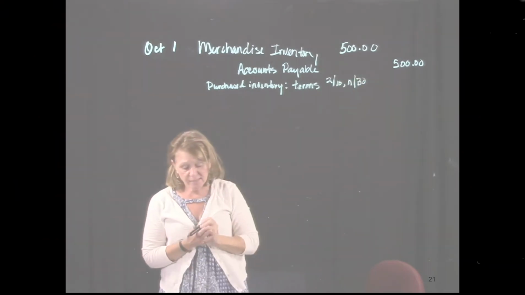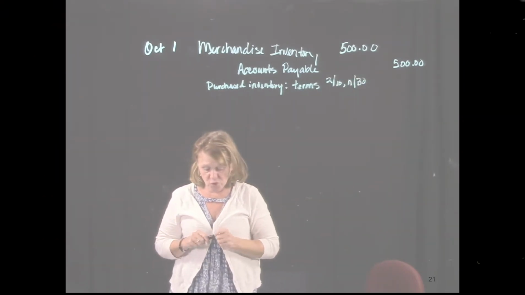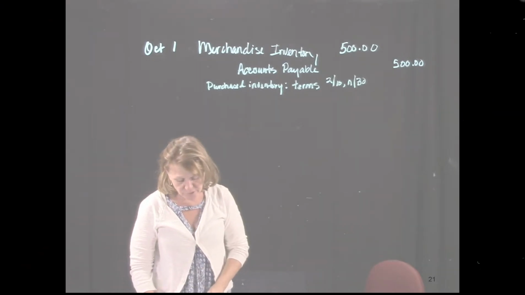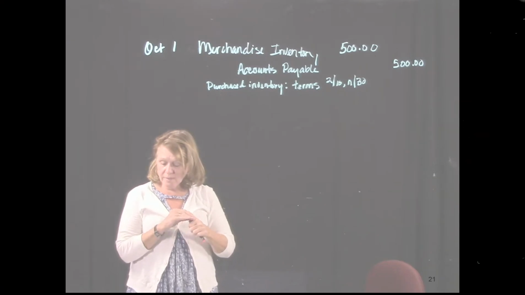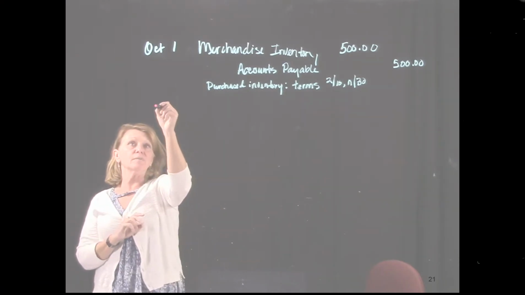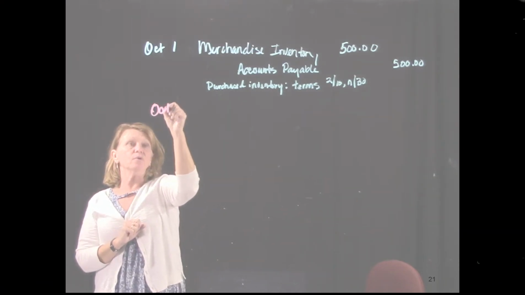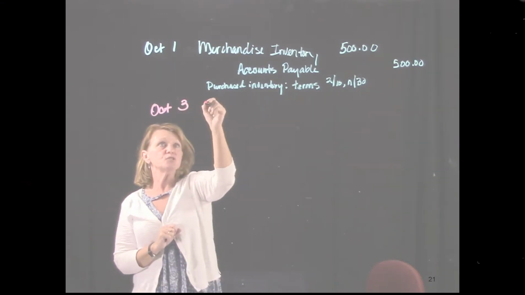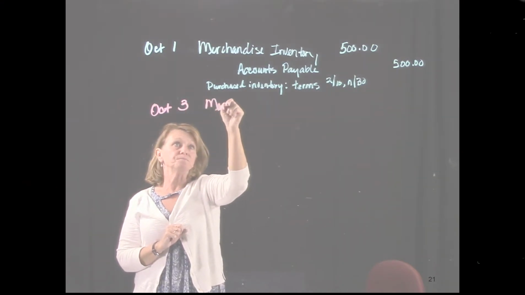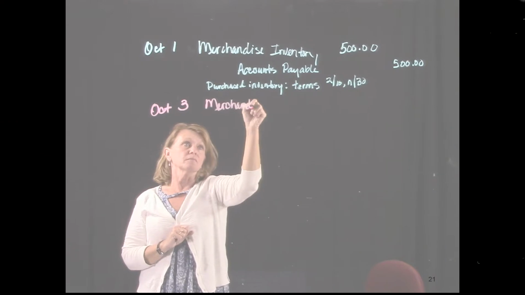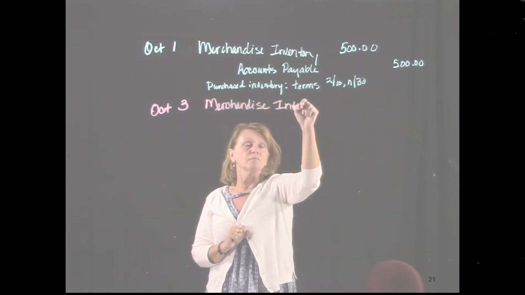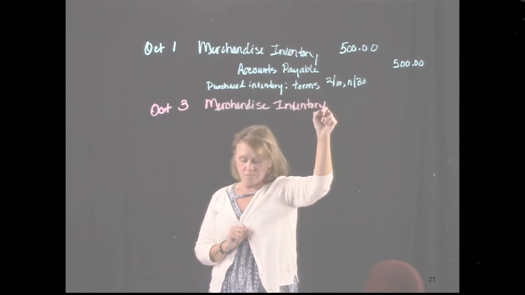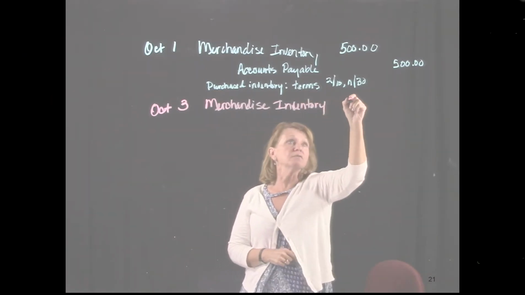Okay, so the next step, on October 3rd, we paid cash for freight charges from UPS. So we know that that is included in the cost of our merchandise. October 3rd, merchandise inventory was $30.